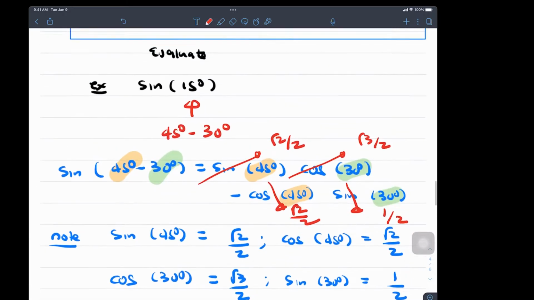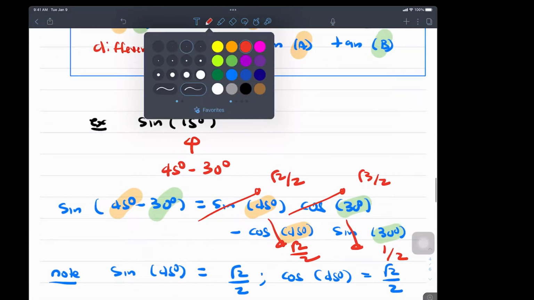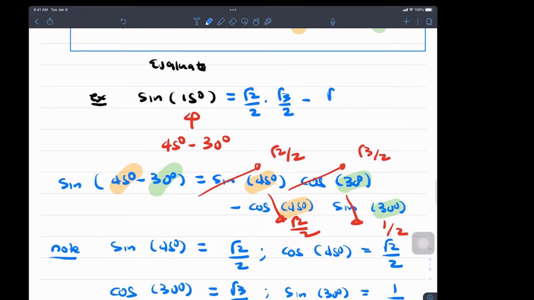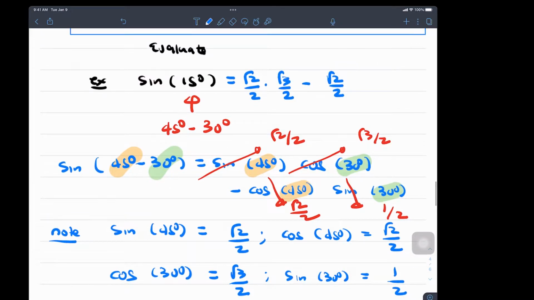So here's my point. If you said, how do I answer this? Well, you should see there's square root of 2 over 2 times the square root of 3 over 2, minus square root of 2 over 2 times 1/2, right? So we're going to get square root of 6 over 4 minus square root of 2 over 4.